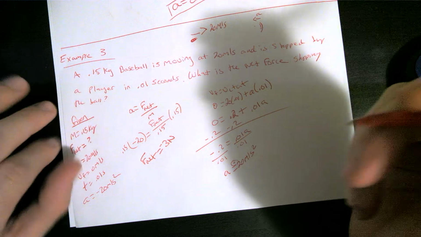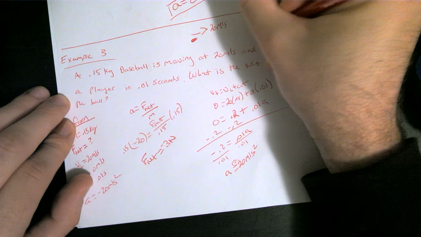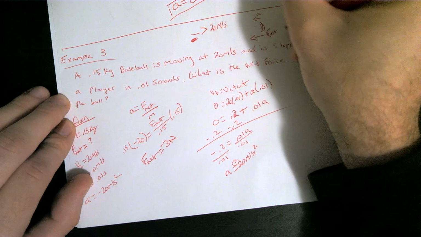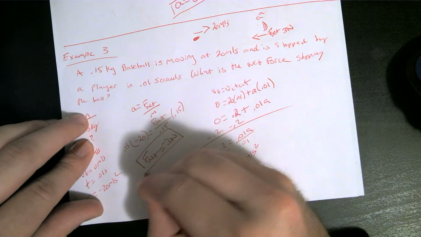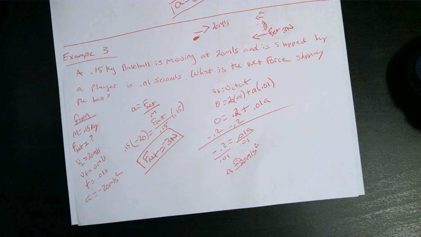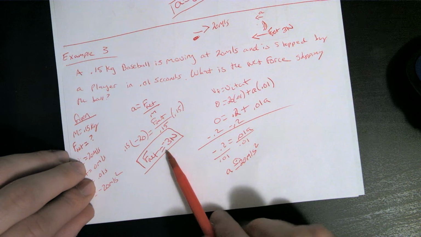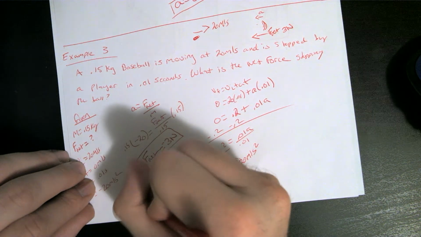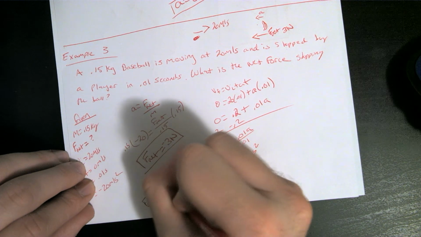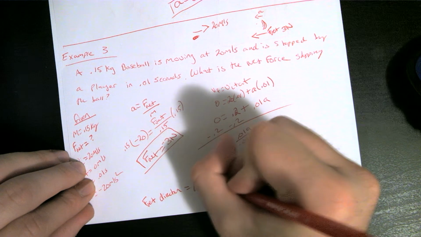So to stop this ball, we need a force, an F net, of 3 newtons, right? Again, all that negative sign means is that you're going in the opposite direction. And this makes sense because in our notes, we said that the F net direction is going to equal the A direction.